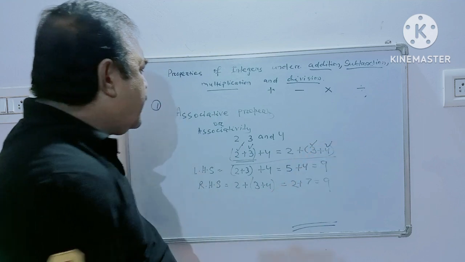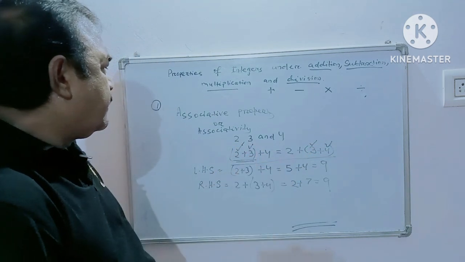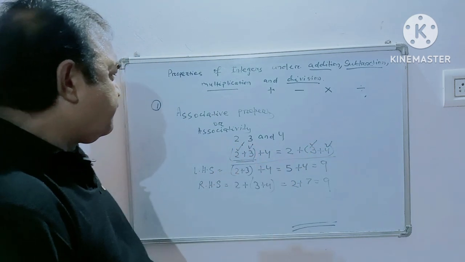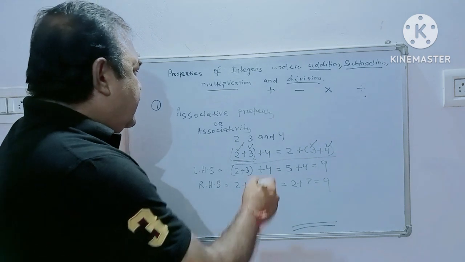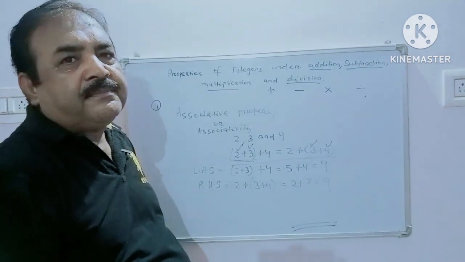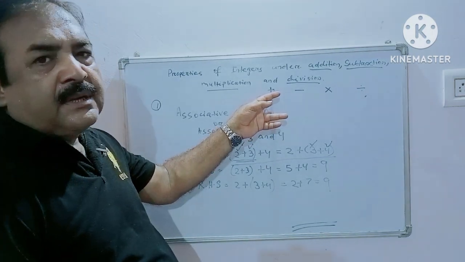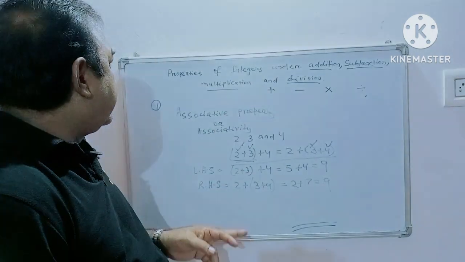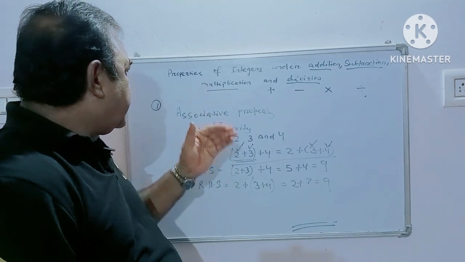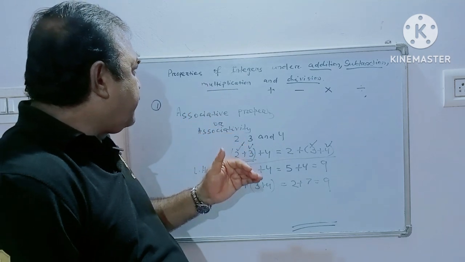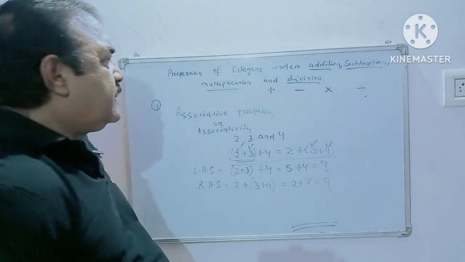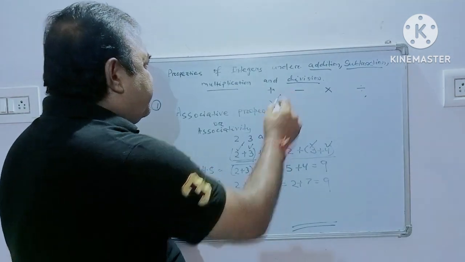So the grouping of numbers has been changed. But the sum is same. We have taken the basic operation addition. So we can say the integers show associative property under addition. So I can give a tick mark here.